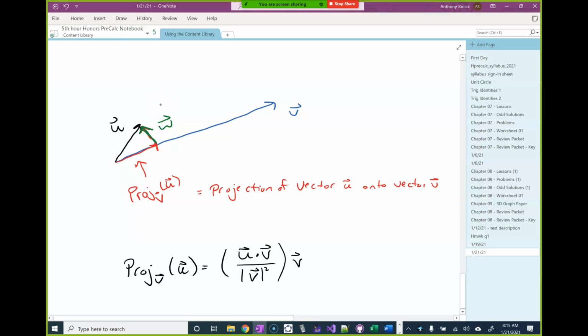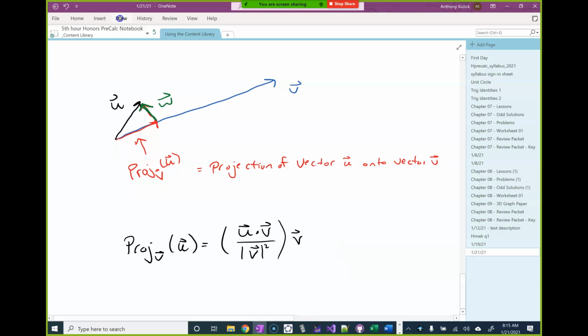This other vector I'm going to call w, the other orthogonal component to u. Let me say three things about this projection.